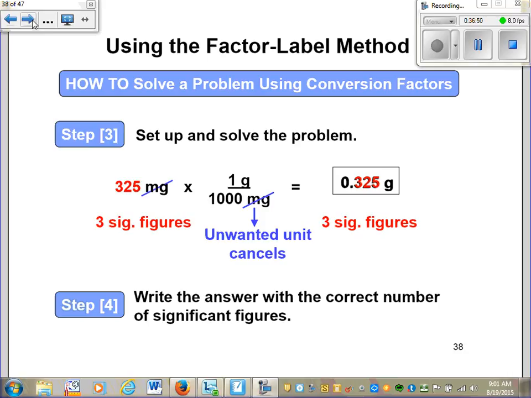So your answer should be a lower number than the milligram answer. So if you used the wrong conversion factor by mistake and you ended up with 325,000 grams, no, I have to have a smaller number. So you know you did something wrong. Always think about your answer. Make sure that it makes sense. Okay?